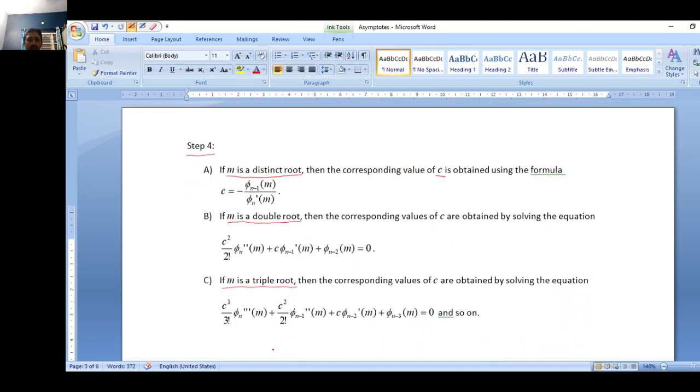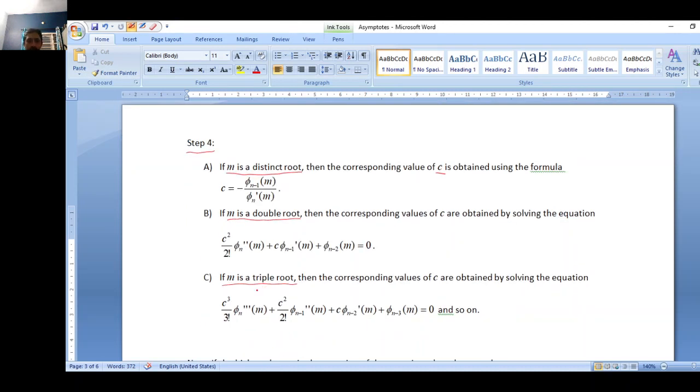Similarly, if m is a triple root, I mean to say m is repeated thrice, then there are going to be 3 values of c, and those values of c are obtained using this expression. And this procedure continues based on the multiplicity of m.